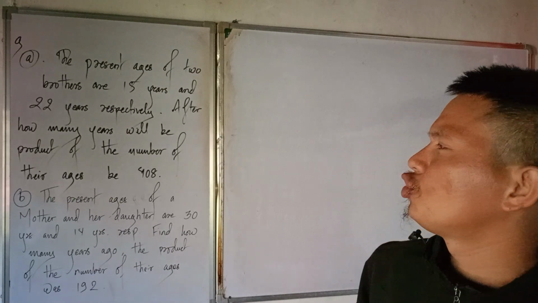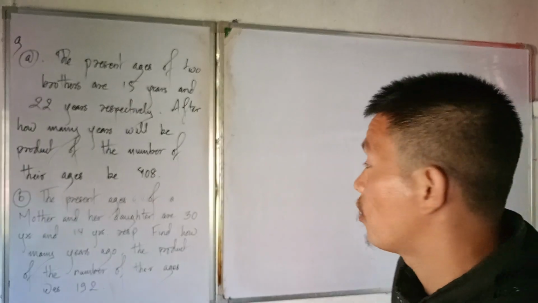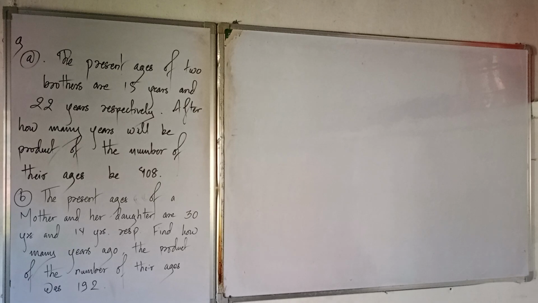So this will be a short video, because there are only A and B, and this one is a very easy kind of question. Now let's go into the questions. I'll just read out the question for you. The present ages of two brothers are 15 years and 22 years.